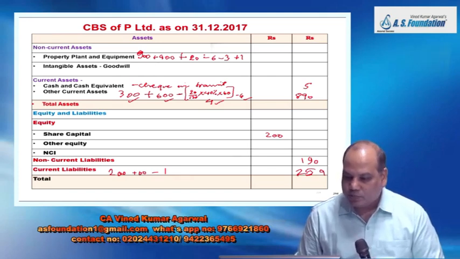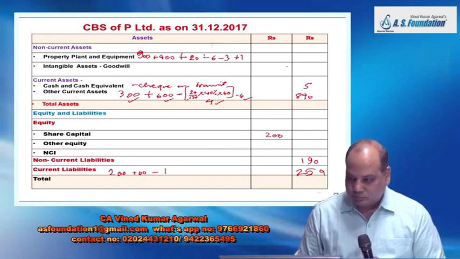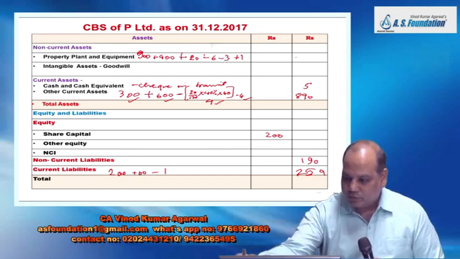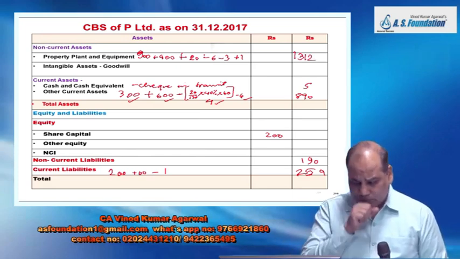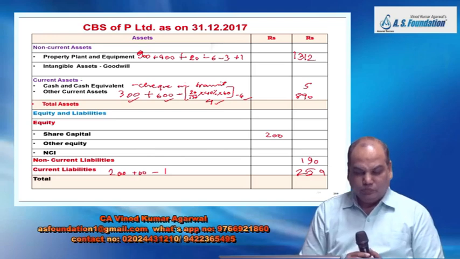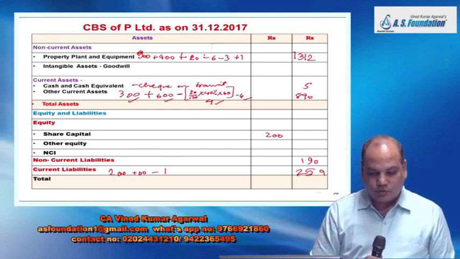And you tell me the property plant equipment figure in the outer column. 900 plus 400 plus 20 minus 6 minus 3 plus 1. 1312. So far so good.